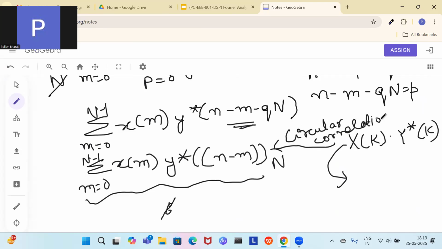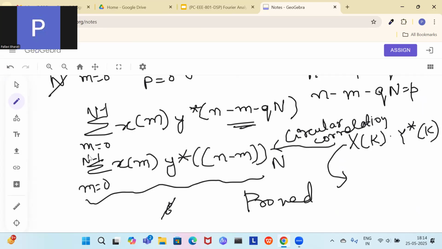And hence it is proved that if you are circularly correlating the signals in the time domain, it is equal to the multiplication of the individual Fourier transforms of the signals, with a conjugate of one signal.